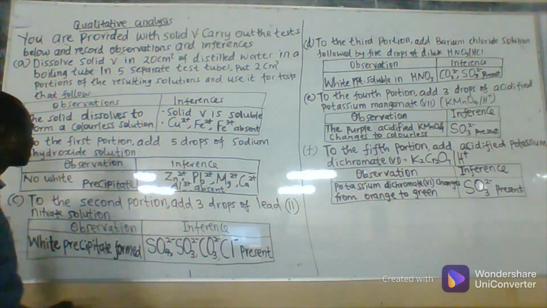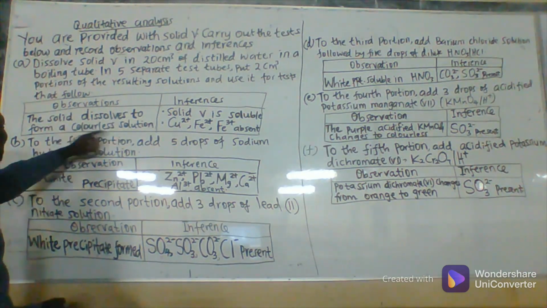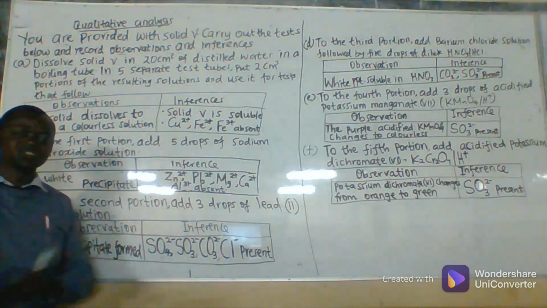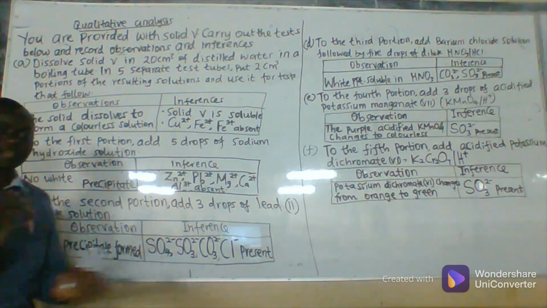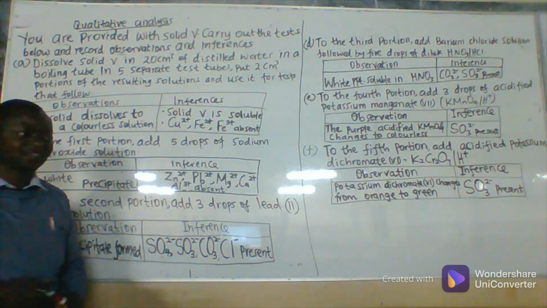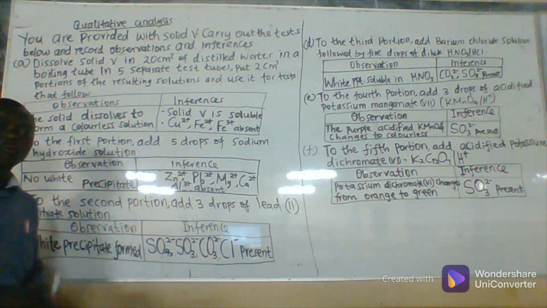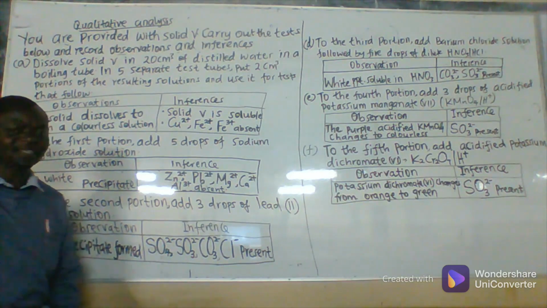What happened that year was that the solid dissolves to form a colorless solution. That is what happens when learners put the solid in the boiling tube and added 20 cubic centimeters of distilled water. It dissolved, they saw it, and it formed a colorless solution. That is what was observed. So whenever a solid dissolves to form a colorless solution, what should you write as the inference?